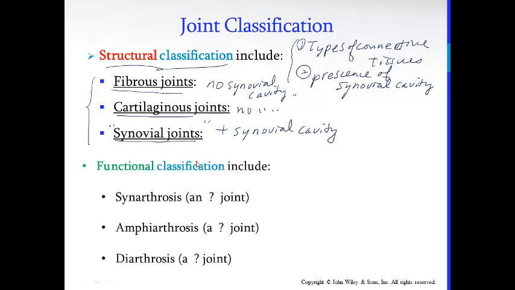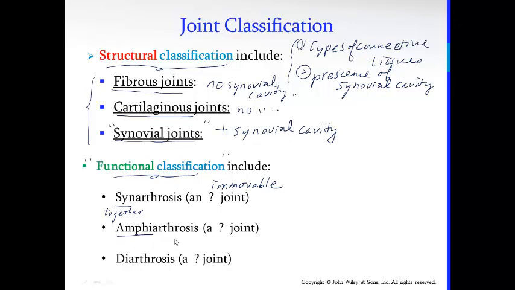We can also classify them based on the degree of movement. So that's our functional classification. If it's a synarthrosis, syn means together. This means it's very well packed together, so most likely it is an immovable joint.